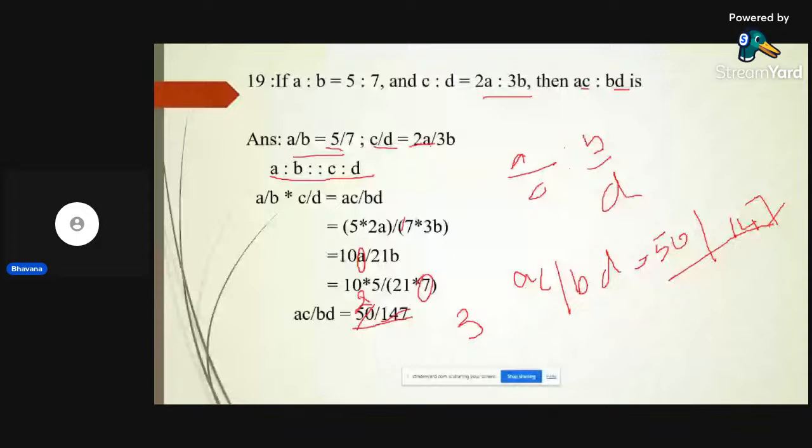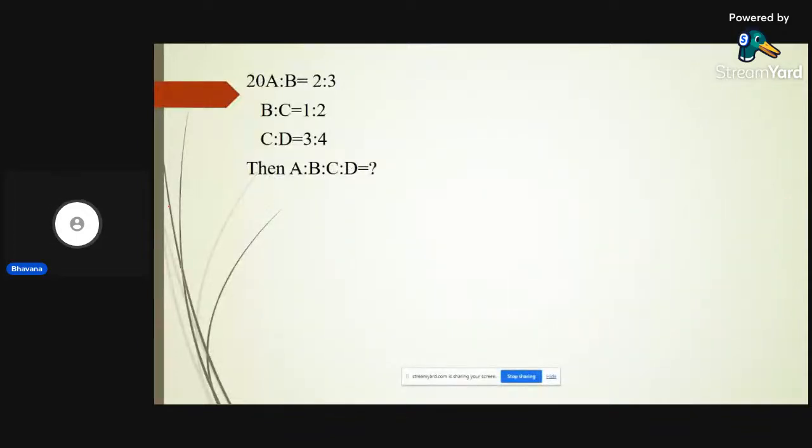Next. A is to B is 2 is to 3, B is to C is 1 is to 2, and C is to D is 3 is to 4. Before this we found it for only three ratios, A, B and C. For four ratios it is the same as we did before.